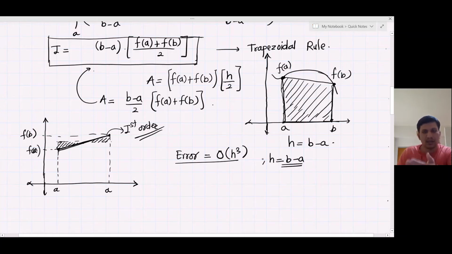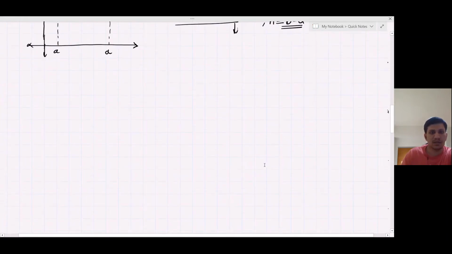So the smaller h is, the less the error produced by the trapezoidal rule. So instead of just passing one straight line between 2 points, we can fit multiple straight lines along the curve. So we reduce the error.